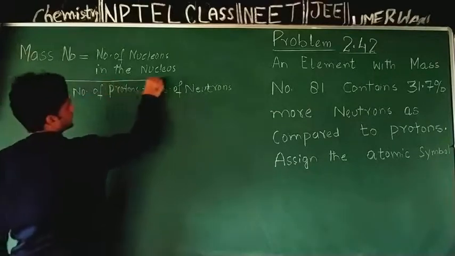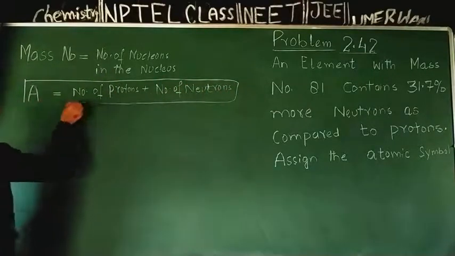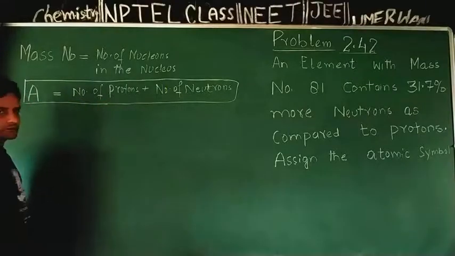This is definition of mass number. It is sum of number of protons and number of neutrons.